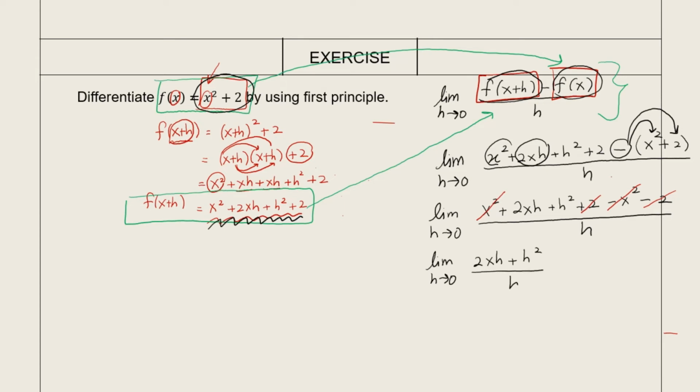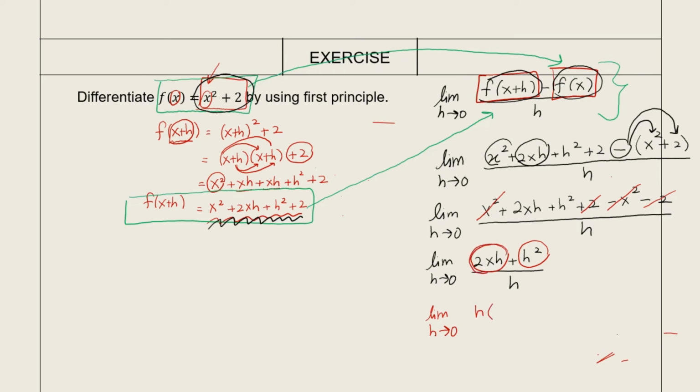divided by h. Okay, next, before we can substitute the value of h equal to 0 to find the limit of this function, you can factorize h because in this term you have h, in this term also you have h. So what you can do is factorize out your h.